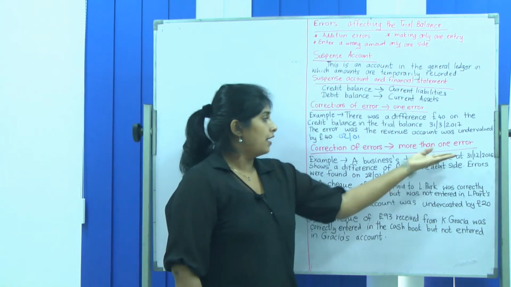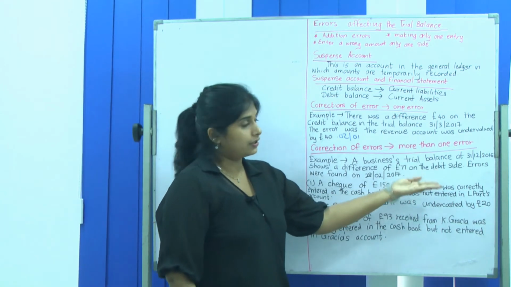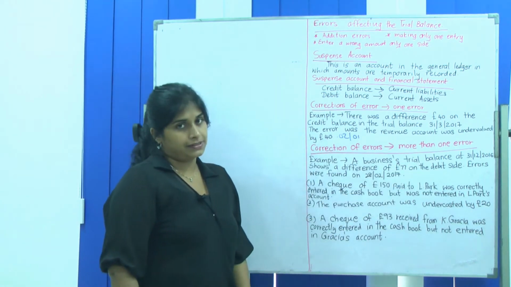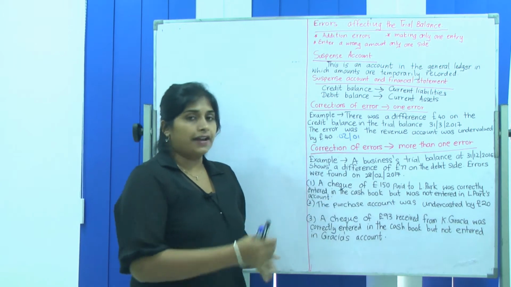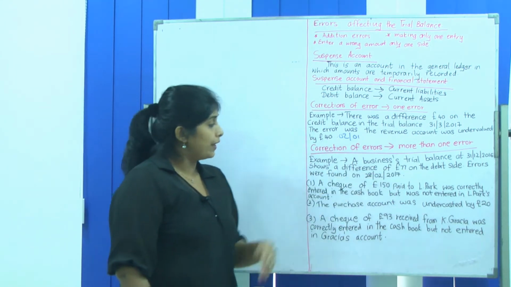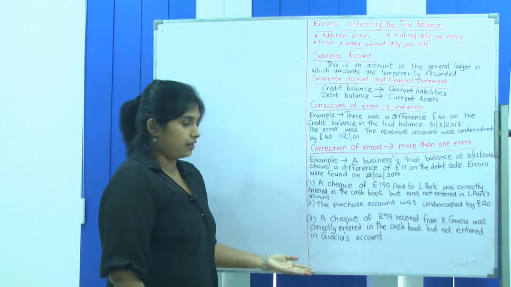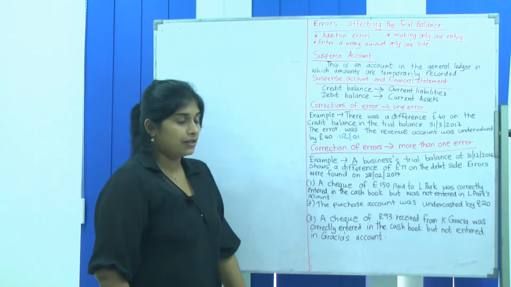As soon as they found out that the trial balance did not agree by 77 on the debit side, they made it agree by opening a suspense account. Then on 28th of February they found out these are the errors. Because of these three errors only there was a shortage on the debit side.